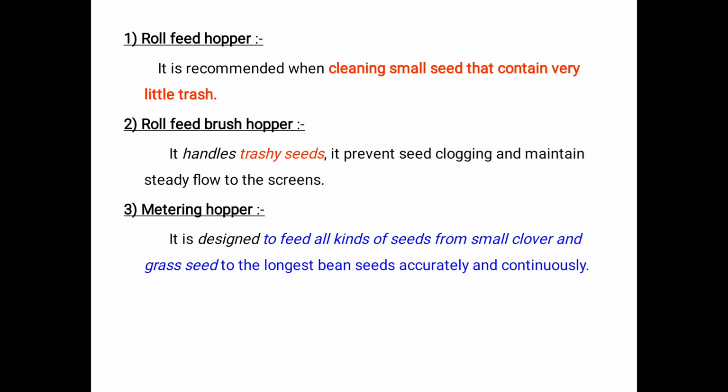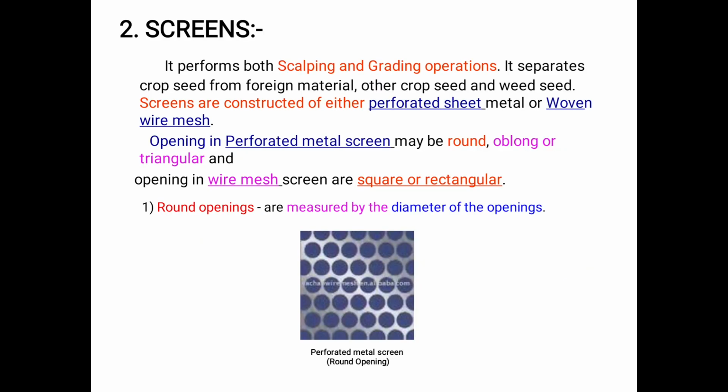Roll feed brush hoppers handle trashy seeds. They prevent seed clogging and maintain steady flow to the screens. The metering hopper is designed to feed all kinds of seeds, from small clover and grass seeds to the longest bean seed, accurately and continuously. So these are the three types of feeding hoppers.